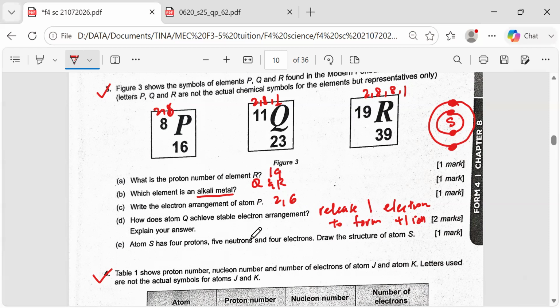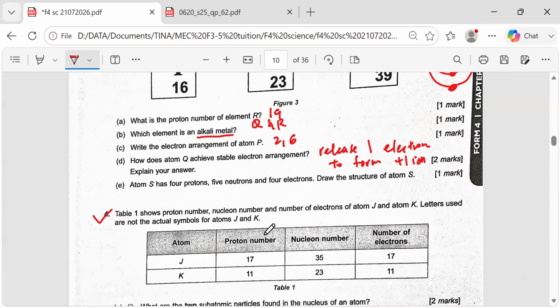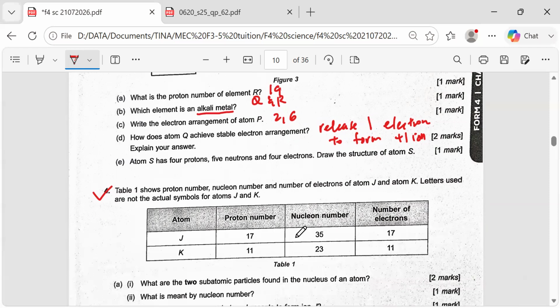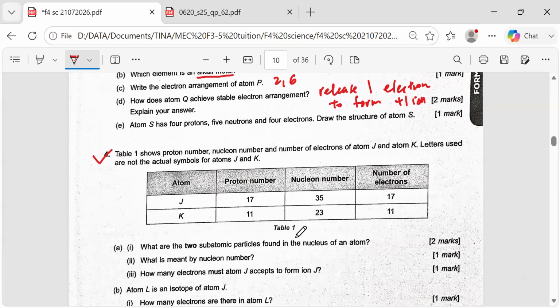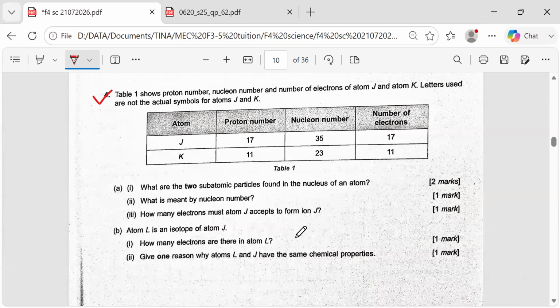Okay. Table 1 shows the proton number, nucleon number, and number of electrons of atoms J and K. Letters used are not actual symbols of J and K. Okay? What are two subatomic particles found in the nucleus of an atom? Proton and neutron. What is meant by nucleon number?